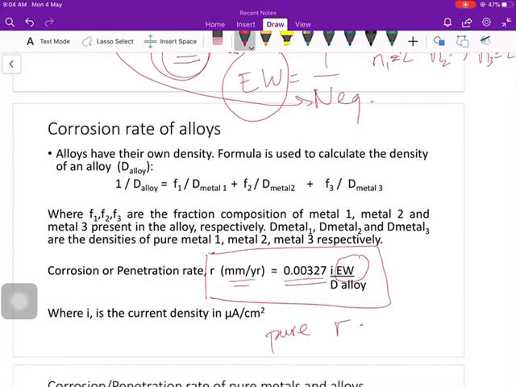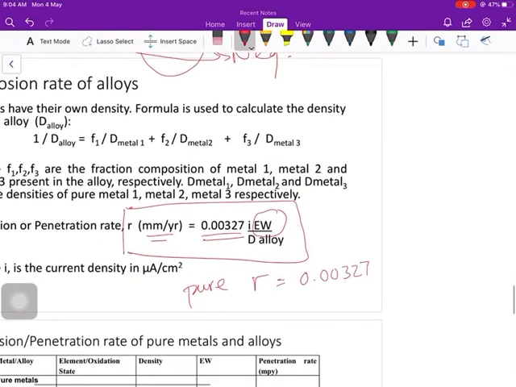If you use millimeter per year, it is the same constant, 327, but the formula for pure metal is ND. Very simple and straightforward, because only one element is present in the pure metal.